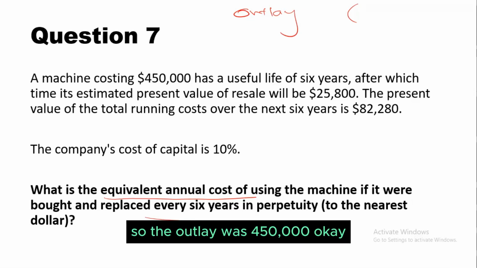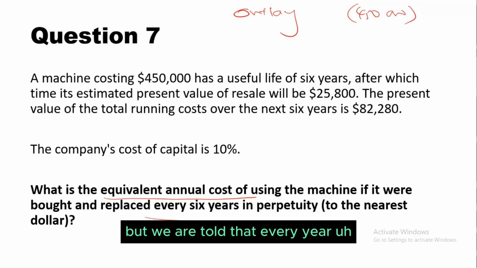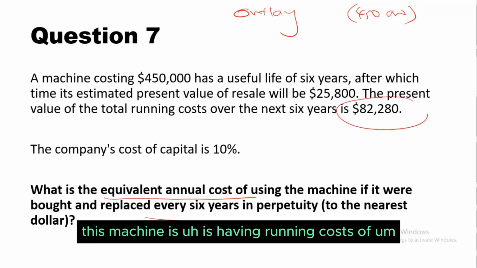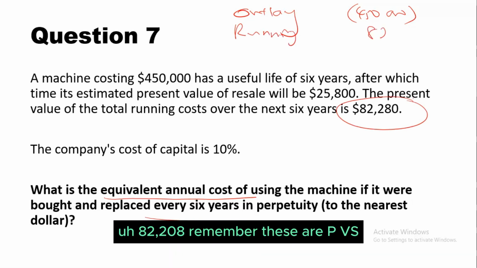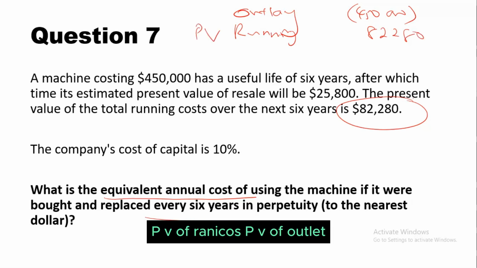So the outlay was 450,000. But we are told that every year this machine has running costs of 82,200. Remember, these are PVs. PV of running costs, PV of outlay.